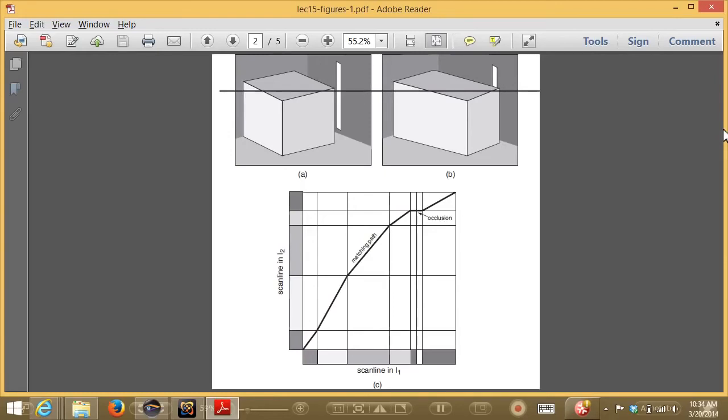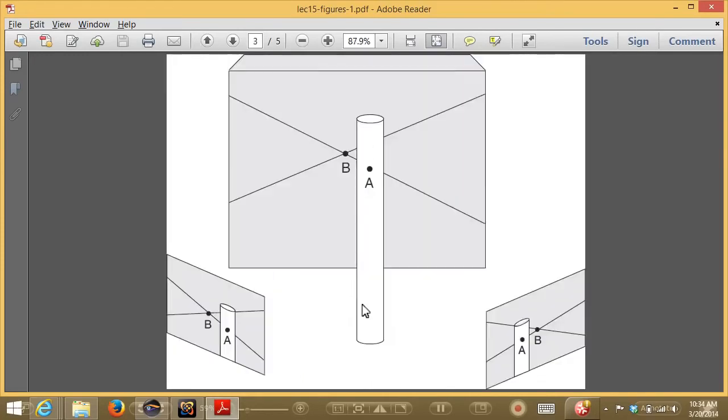Because if we're willing to tolerate horizontal and vertical parts of the matching path that correspond to occlusions, this is monotonic, meaning that the path goes from the lower left to the upper right, and it never kind of doubles back on itself, right? But you can have scenes like this where the matching path actually does double back on itself in real life, right?